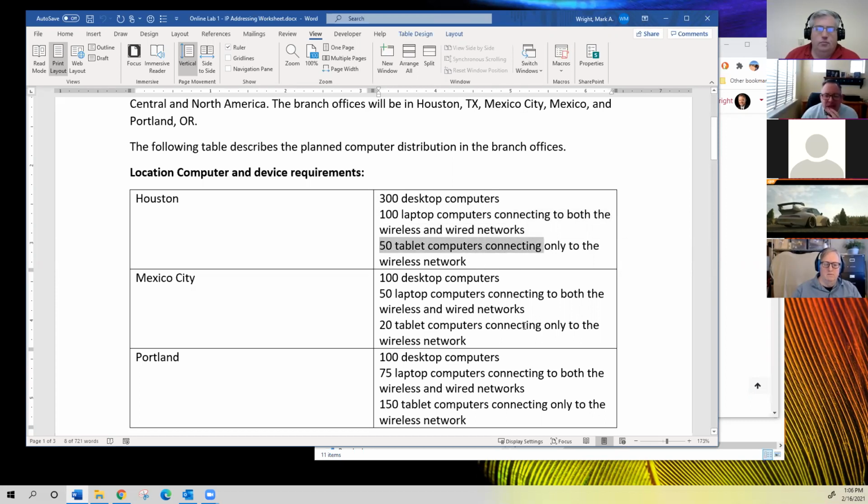The same thing is for Mexico City and Portland, except different numbers: 100 desktops, 50 laptops, 20 tablets, and then Portland 100 desktop, 75 laptop, and 150 tablets. Okay.